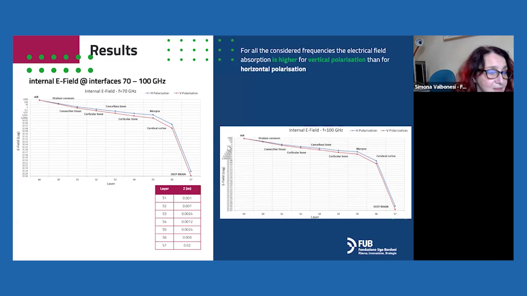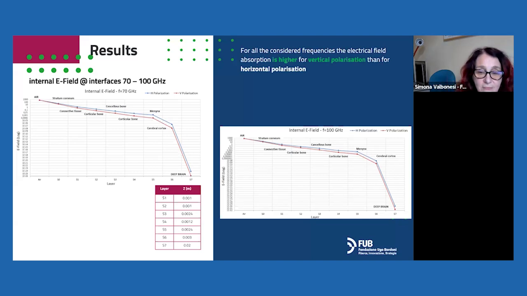What is immediately clear in all the graphs is that the absorption is different if we consider vertical polarization or horizontal polarization. This result, which at the beginning was quite strange for us, has been found in literature, where other authors reach the same conclusion using different methodologies and different models.